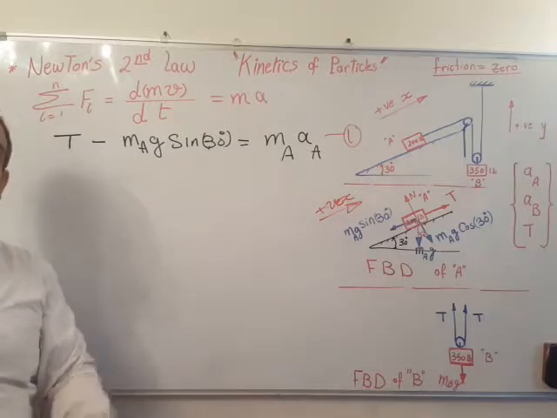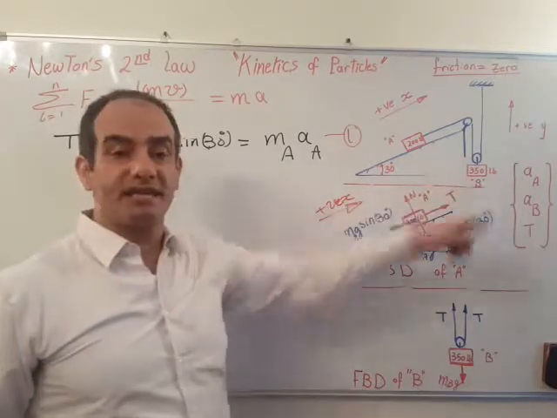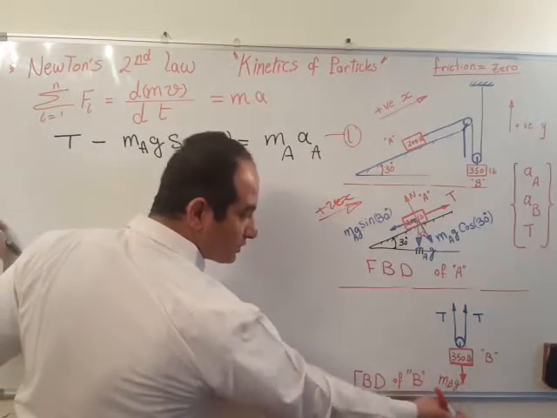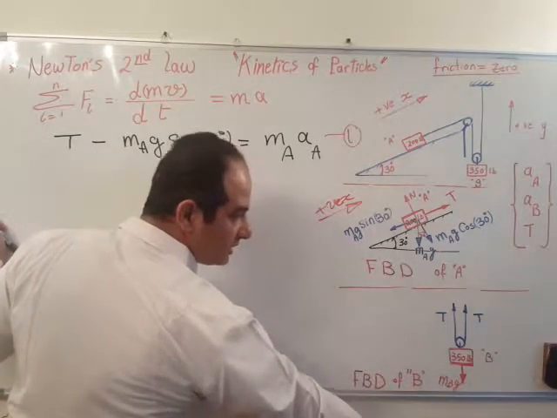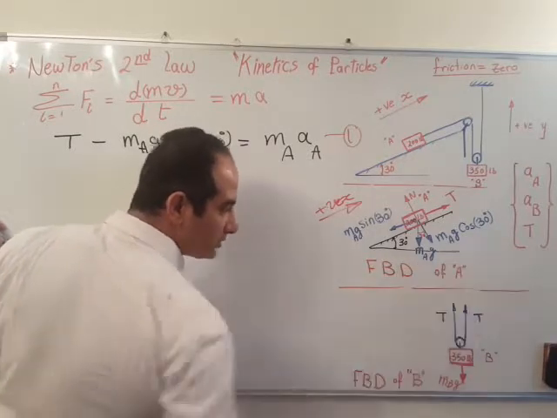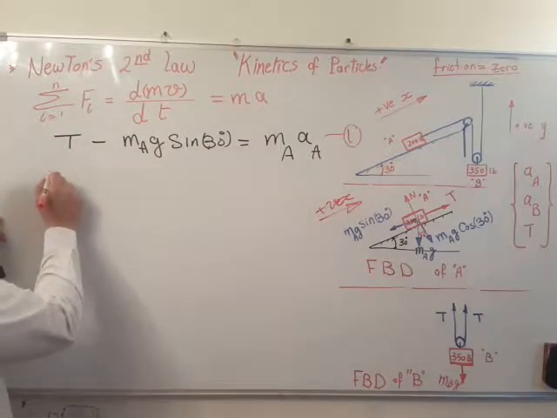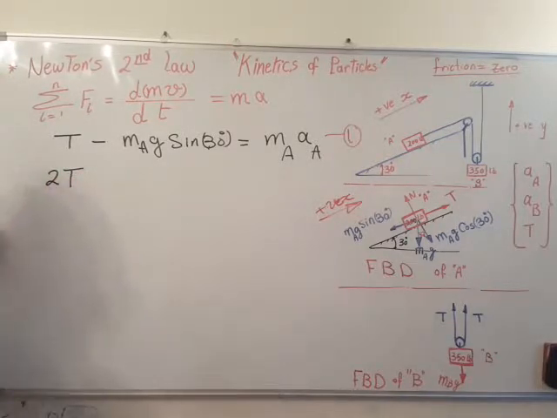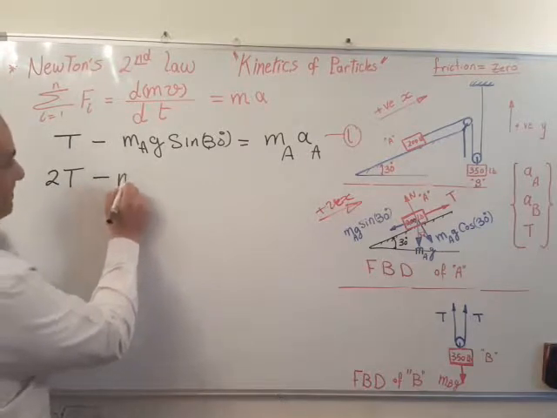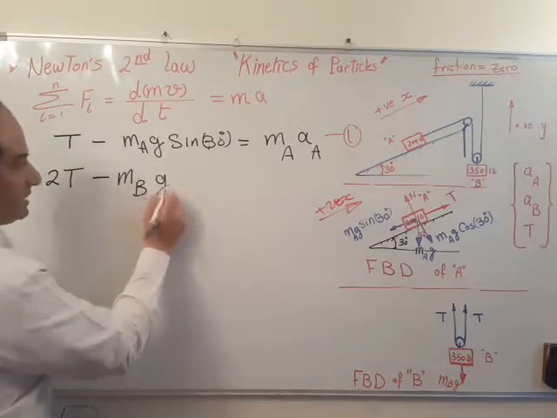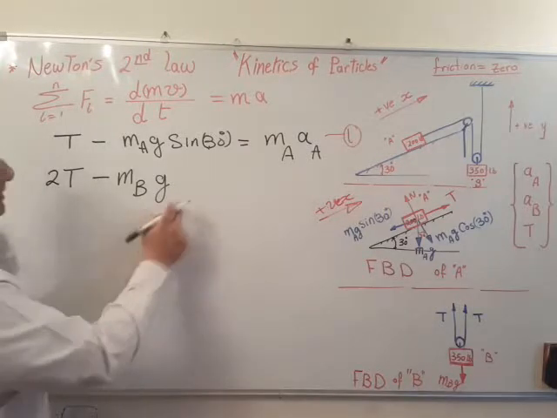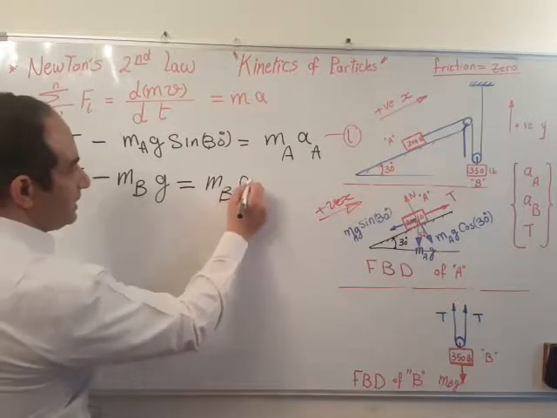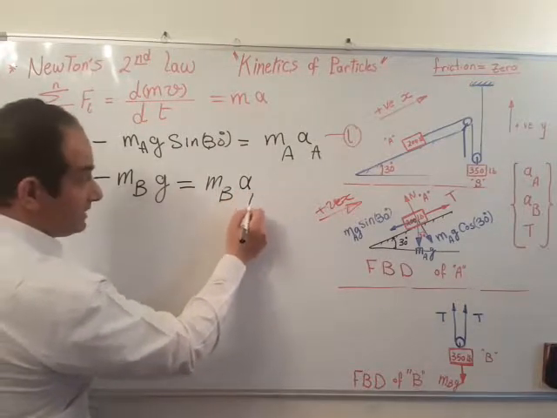Let's write down also the equation of motion for mass B. The same way, we have the downward weight, MBG, and two tension forces upward, so we can write 2T minus MBG, the gravitational acceleration, equal to MB times the acceleration of mass B, AB.